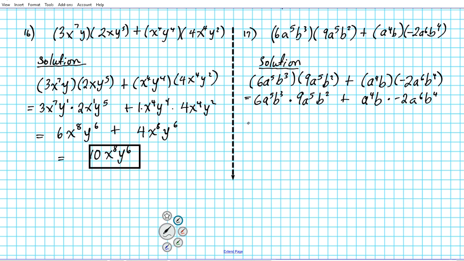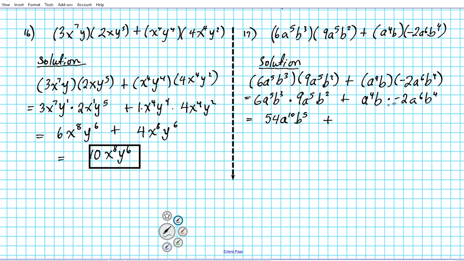If they're like terms, then we can add. Okay. All right. So what we have on the left's product, we have 6 times 9. That's 54. For the a's, it's a to the 5 plus 5, which is 10. And then for the b's, b to the 3 plus 2 is 5.